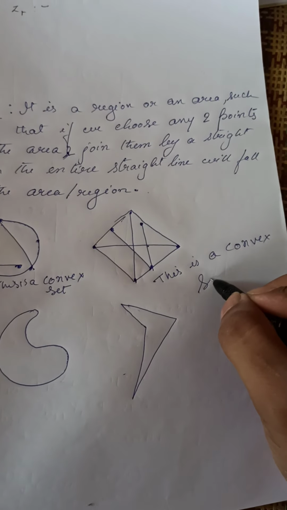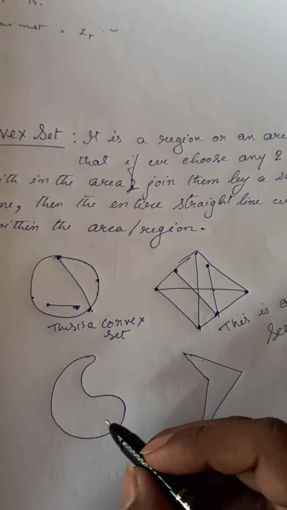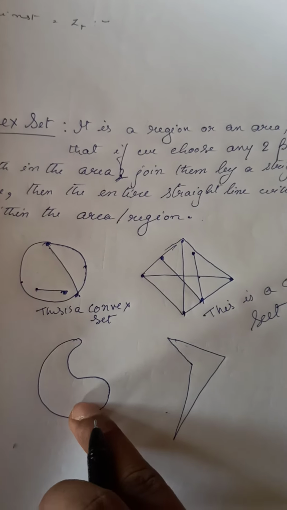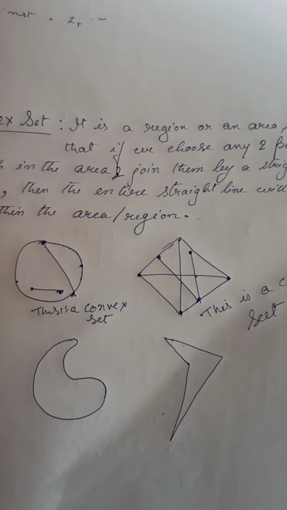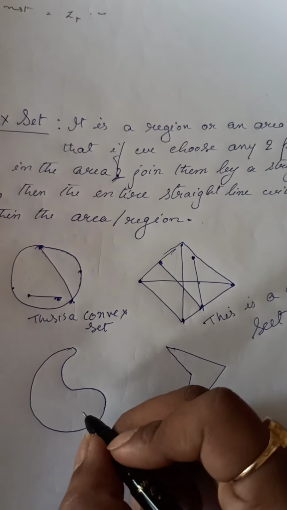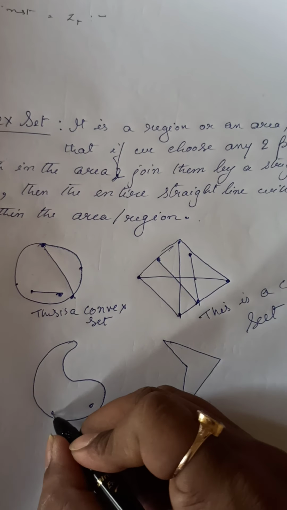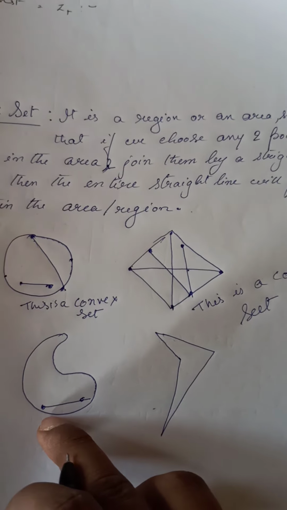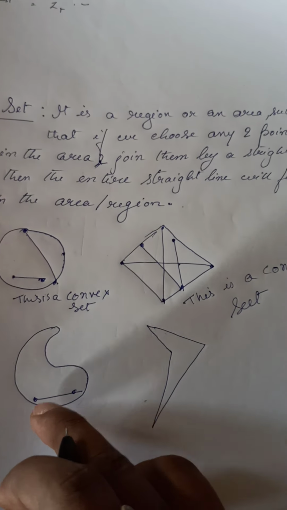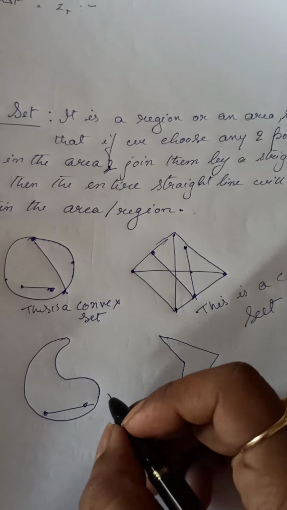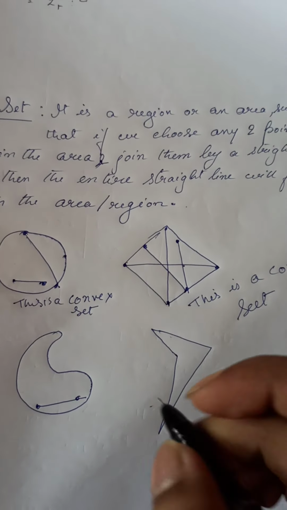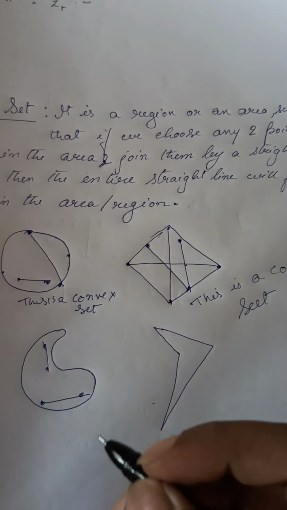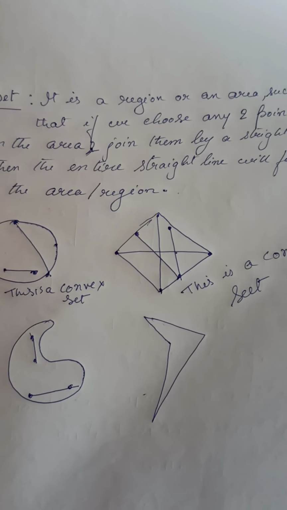However, if we consider this diagram, it will not satisfy the definition of a convex set. How? Let us see. Over here, if you choose 2 points, obviously it will satisfy the definition of a convex set, and the line will lie within the demarcated area. Over here also, if you choose these 2 points, again the definition of a convex set is being satisfied.